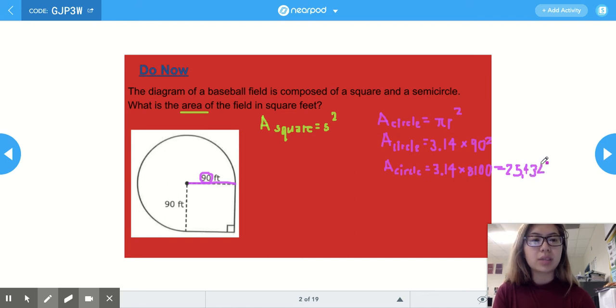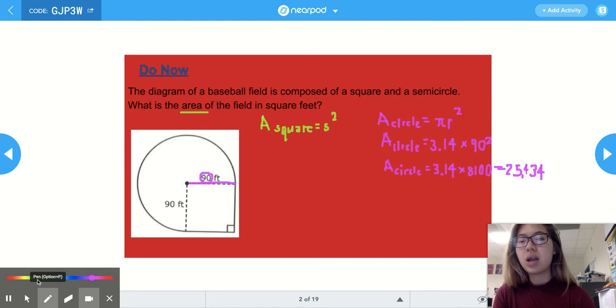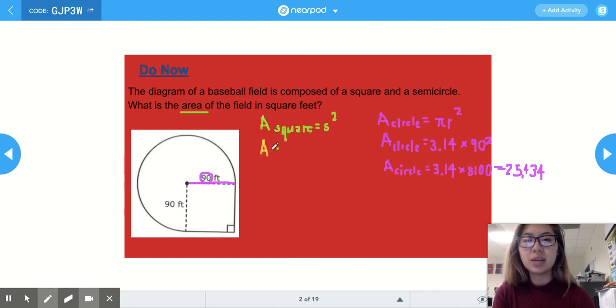And then going back to the square, again, the side length of the square is 90. So all I'm going to do is 90 squared, or 90 times 90, which is 8,100.